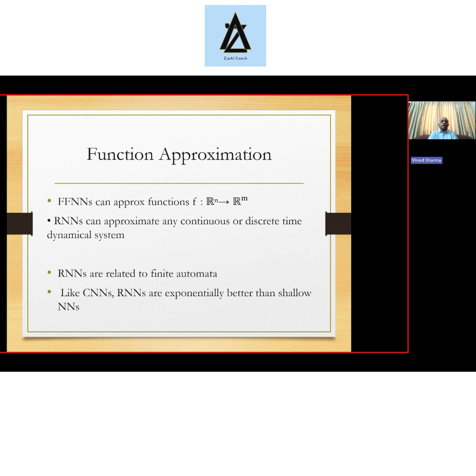So RNN can in fact approximate a dynamical system, while feed-forward networks can approximate only a function. And RNNs are also related to finite automata, which again are some kind of dynamical systems. Like CNNs, RNNs, deep RNNs in particular, are exponentially better than shallow neural networks. That means they can represent functions and dynamical systems exponentially more efficiently.